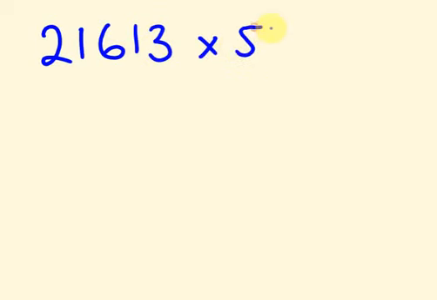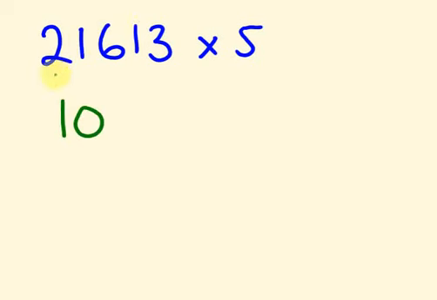What about, for instance, 21,613, and we times that by 5. Just going to make sure we get some numbers where we are going to have to carry and pre-carry things across. So first off, going from left to right, 2 times 5 is 10. Now we look at 1 times 5, no pre-carry, so I can put down my 10.